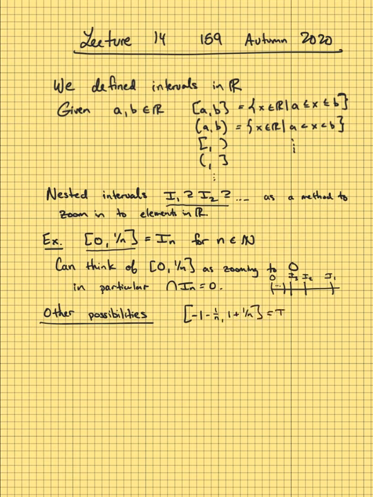Okay, this could be my nested intervals, and then it's a natural question, what do you get for the intersection in this case? You also don't have to do closed intervals.